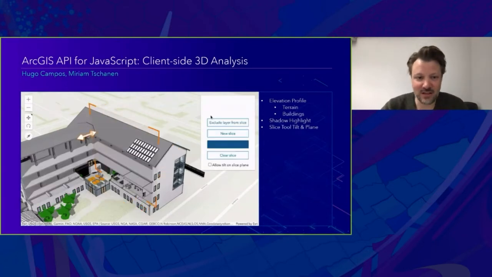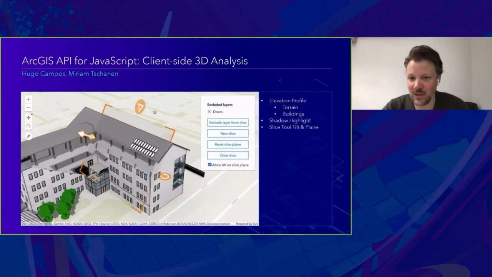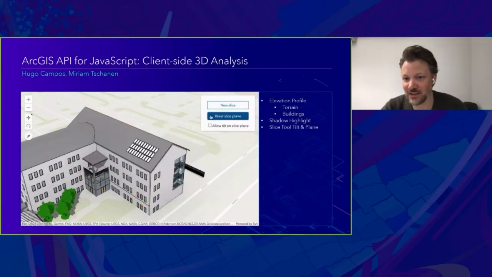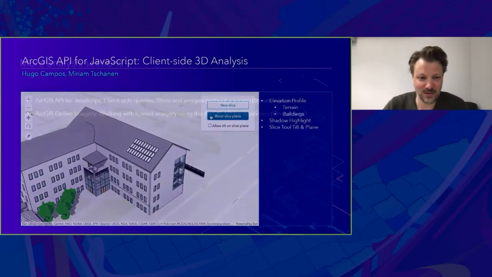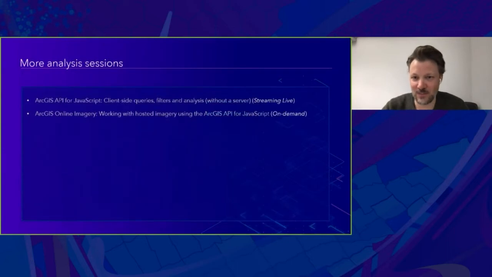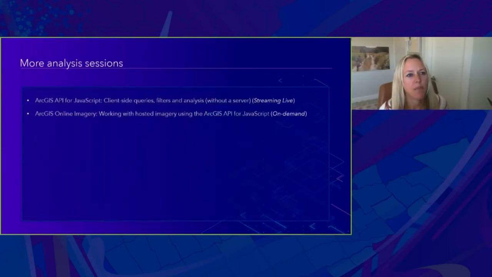These and other client-side 3D capabilities are something that Hugo and Miriam present in their client-side 3D analysis session on Thursday. We have some other sessions about client-side analysis. The first one is really great if you haven't used our client-side capabilities before and you want to learn the programming patterns for how you work with data on the client.